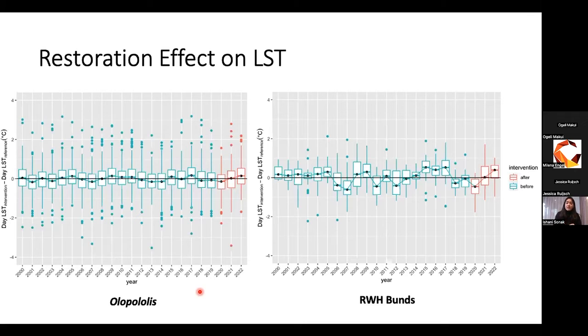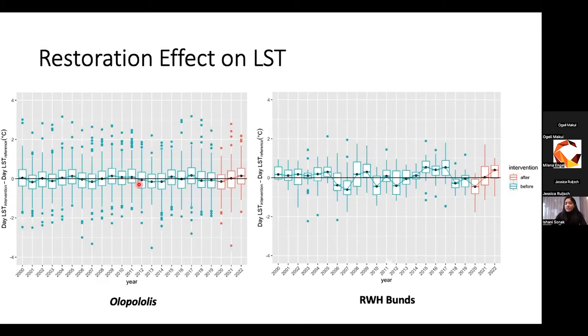But in this particular case, as you can see, again, I have used the same technique. The y-axis shows the difference inside and outside the Olopololis, the difference of temperature. And as you can see, unlike NDVI, there is no consistent trend being observed.